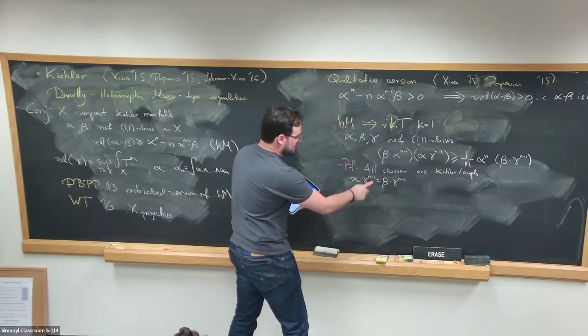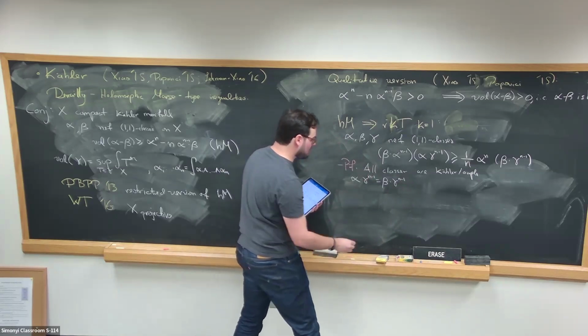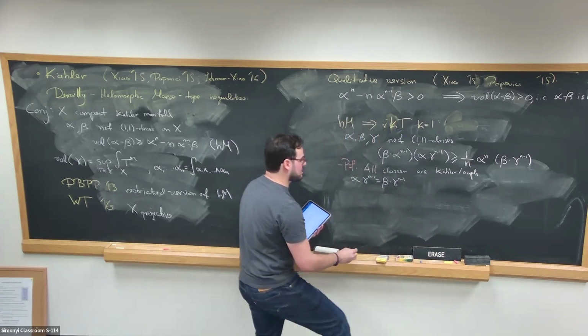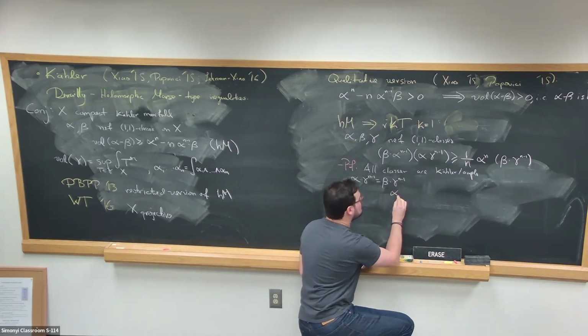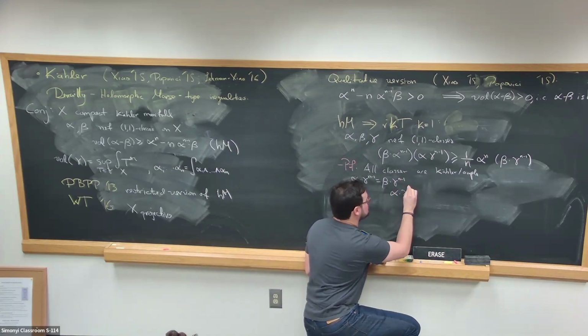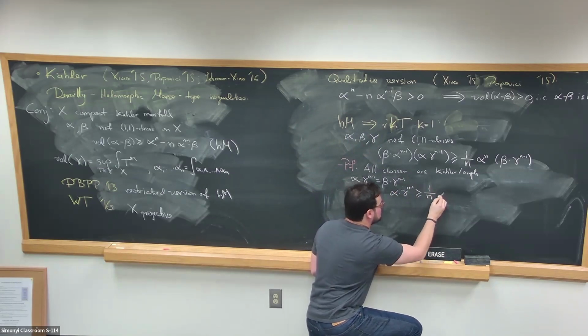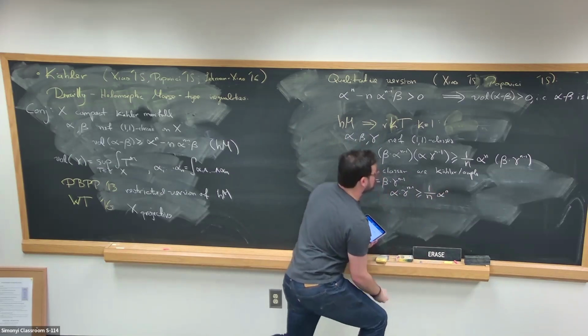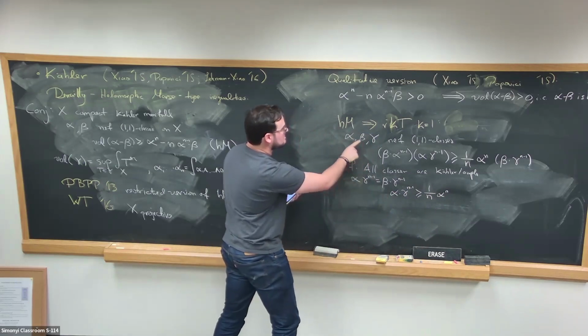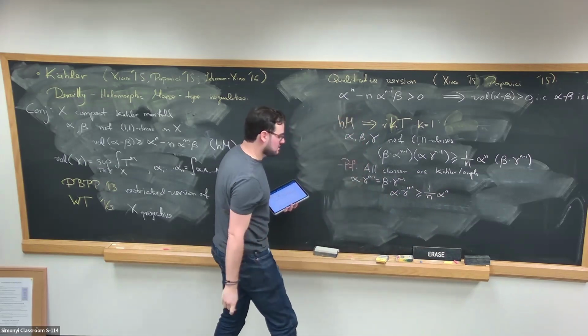This is by scaling of beta. And so our inequality becomes something like alpha to the n minus 1 gamma is greater than or equal to 1 over n alpha to the n, which starts to look a little bit more like this, right?